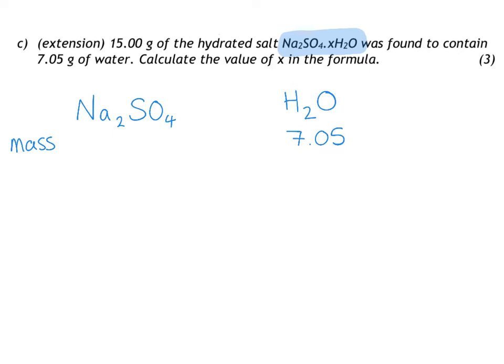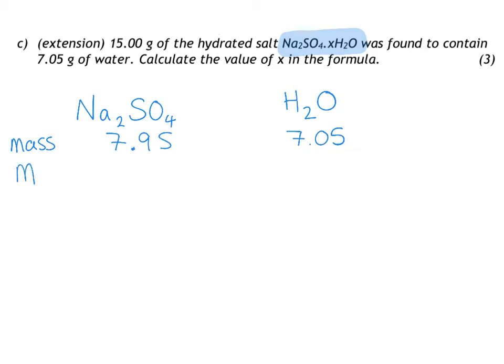So how many grams of Na2SO4 have I got? Well, I just need to take away the 7.05 from the 15, because there's only Na2SO4 and H2O in my solid. So 1 mark would be for working out, I do this every time, 7.95 grams of sodium sulfate.